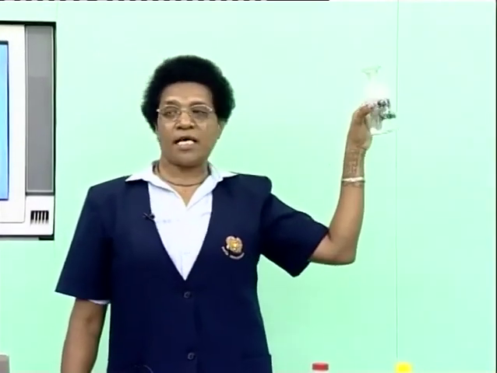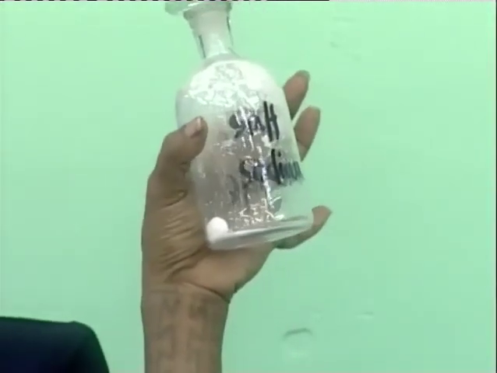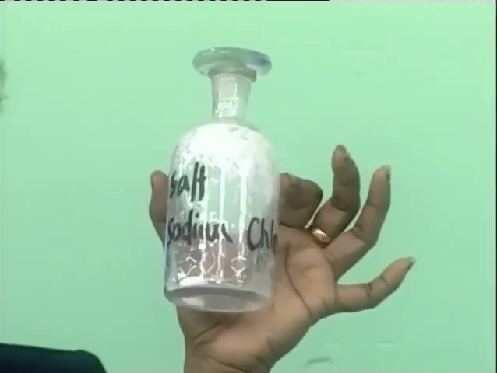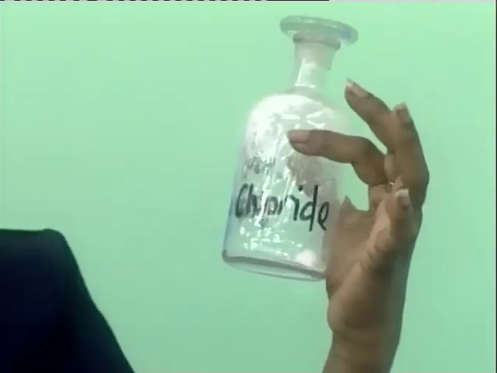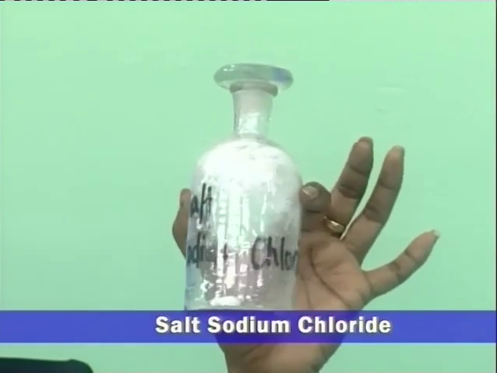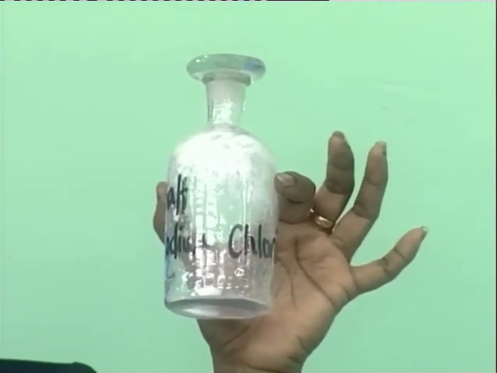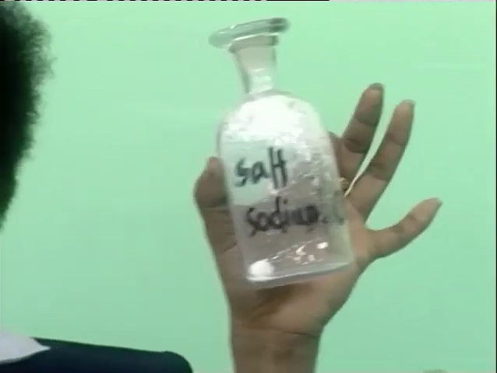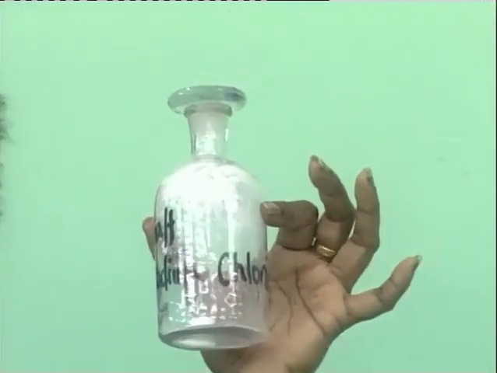The other 3 we have in liquid form. You will hear more about this when we come to our lesson. This is sodium chloride. And sodium chloride is the result of hydrochloric acid plus sodium hydroxide. And the result we have is sodium chloride, the salt that we normally use, some of it at home.